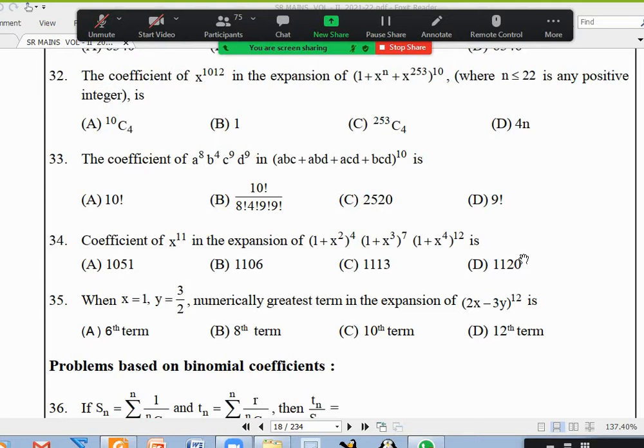A power 8, B power 4, C power 9 and D power 9. Coefficient in ABC plus ABD plus ACD plus BCD whole power 10.